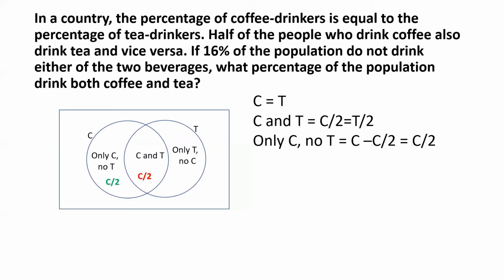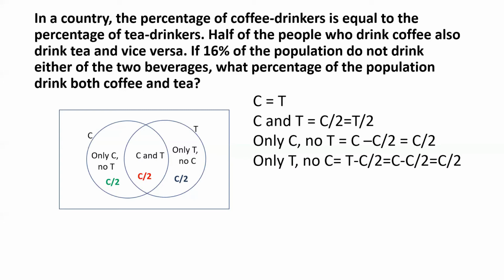In the same way, the area of the circle T outside the overlapping area is T minus C by 2. Since T and C are equal, we can replace T by C, so it's C minus C by 2, which also comes to C by 2. So we have these three regions in the circular area, where each area is equal to C by 2.